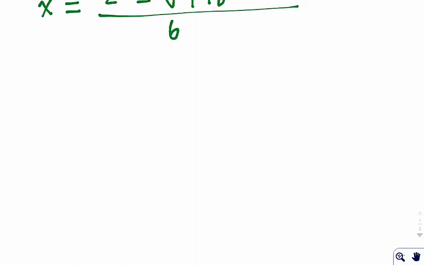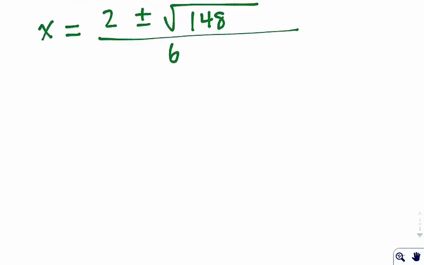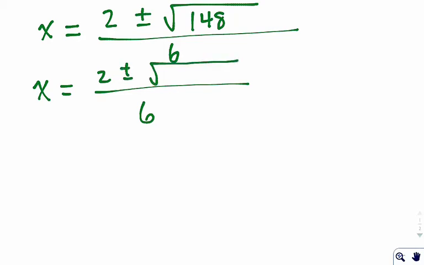And now we want to figure out what the square root of 148 is. So what we will do is try to find perfect squares within 148. And certainly a 4 is a factor of 148.